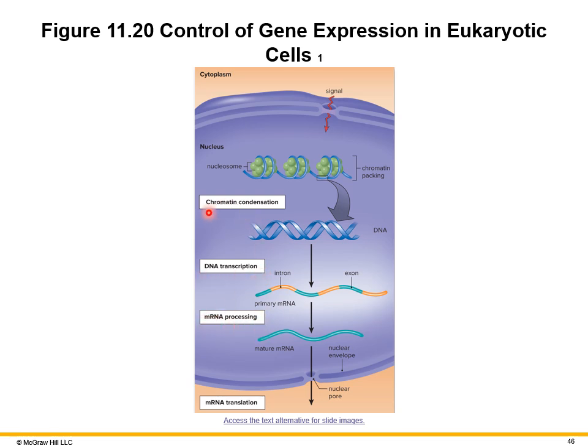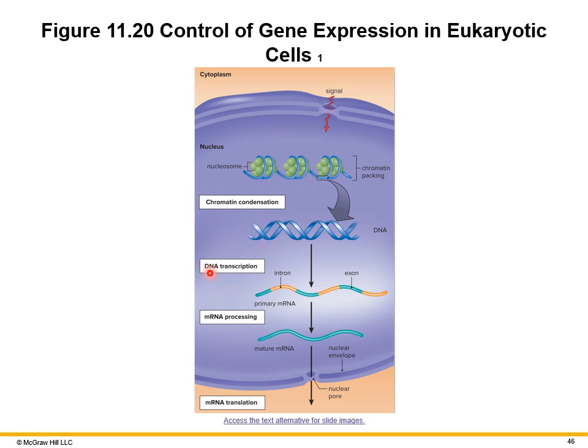For example, in chromatin condensation, the more tightly the DNA is wrapped around the green proteins here, called the histones, the less that the DNA is going to be read or expressed.